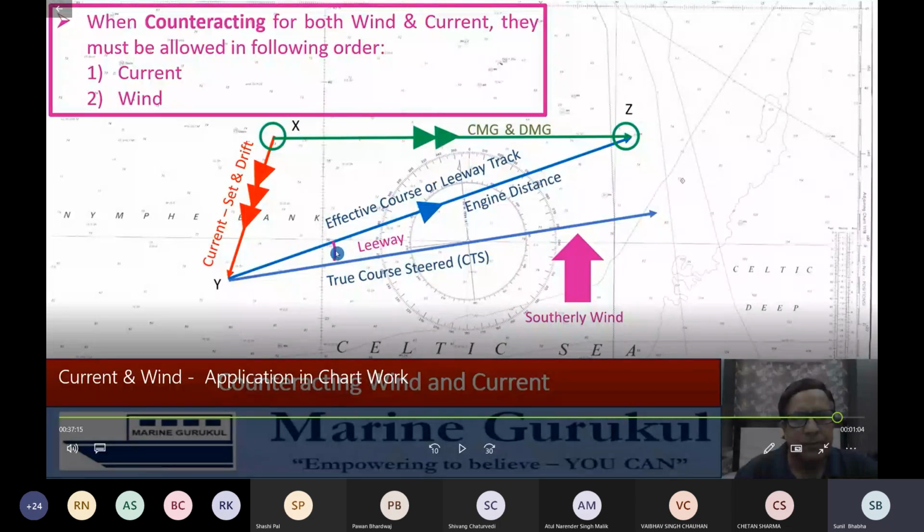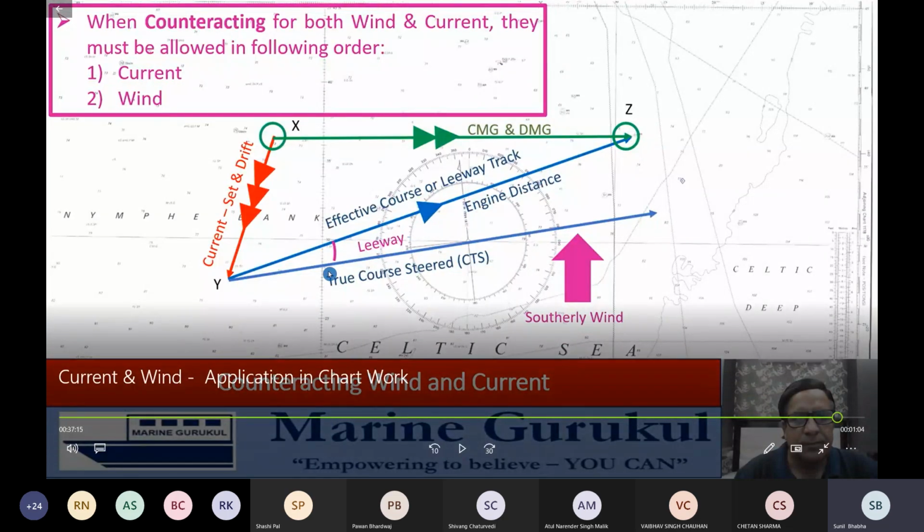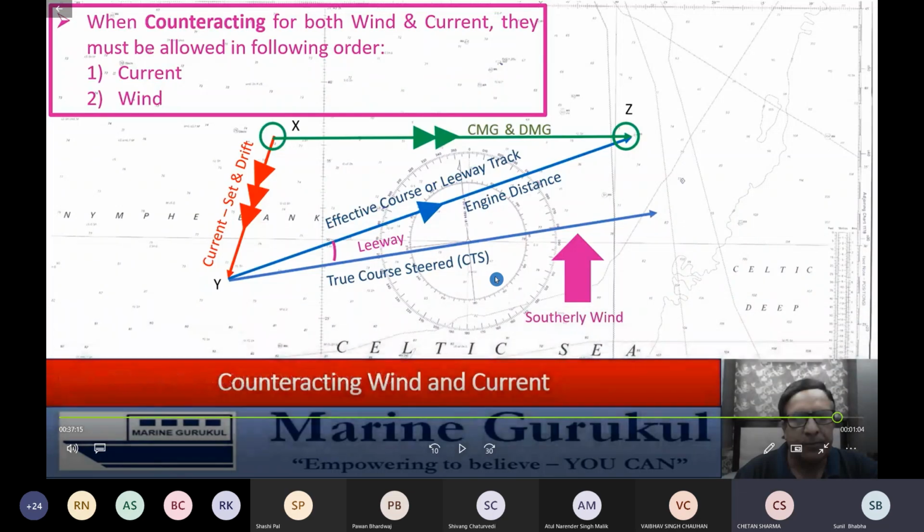So if it is so small an angle, you will see both these lines, effective course and CTS, will be very close, making the plot a little complicated to understand. So that's why leeway and the course steered is not shown on the chart plot, but calculated on our answer sheet. So we add it or subtract it on our answer sheet to get the CTS. Okay sir, thank you.